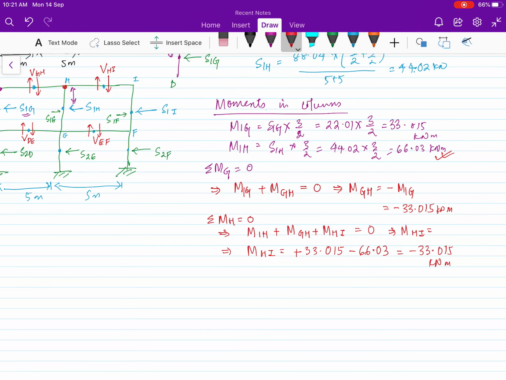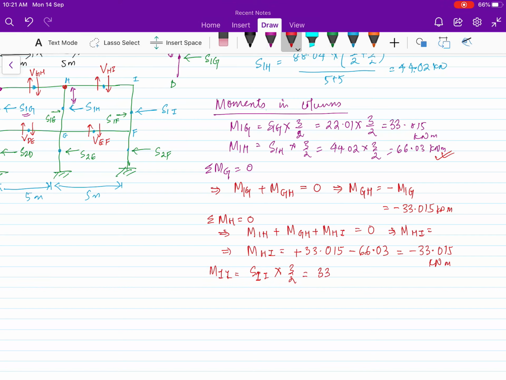Similarly, for the moment at 1I, the end column, the shear 1I into 3 by 2.